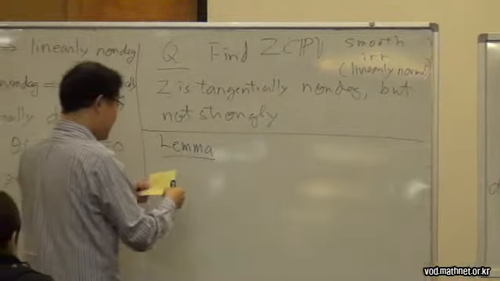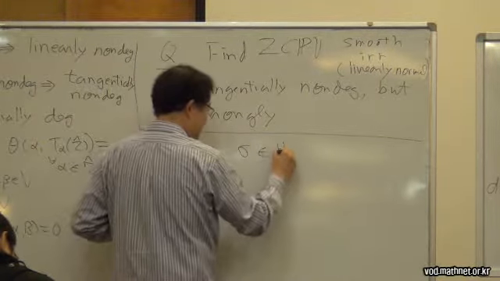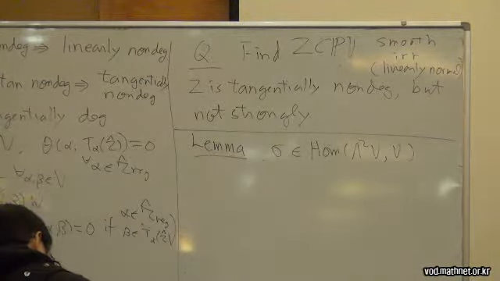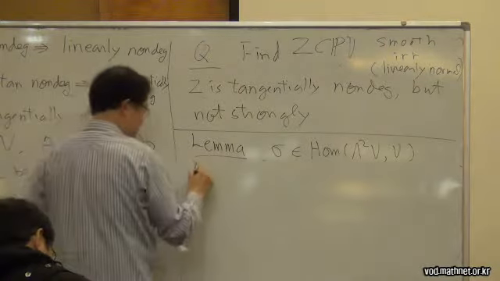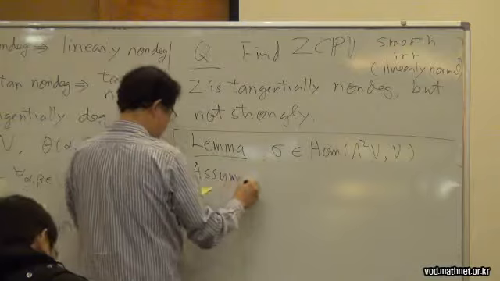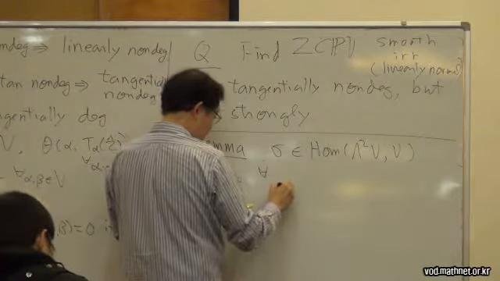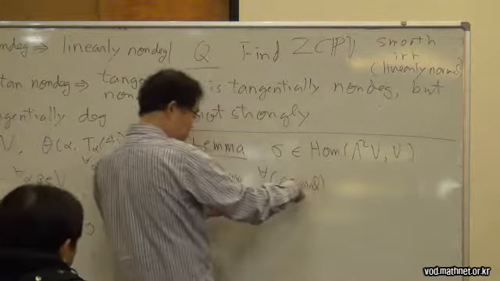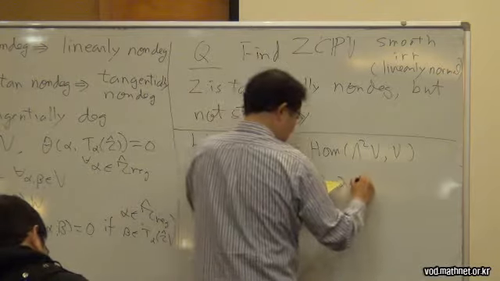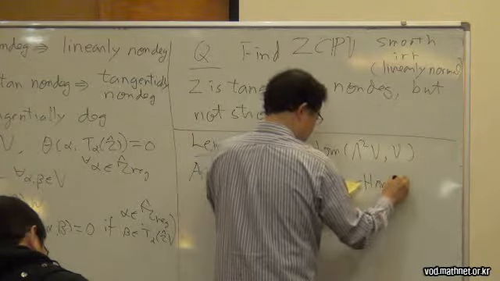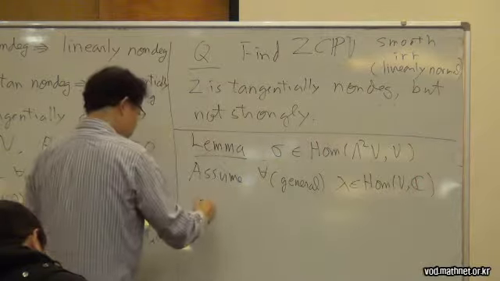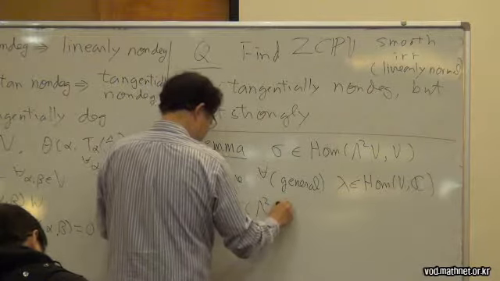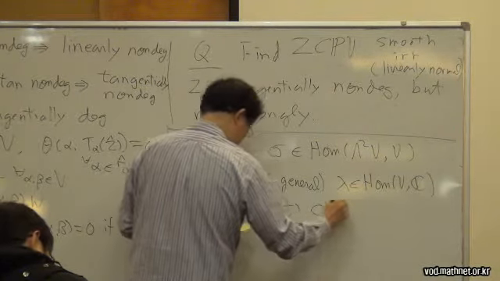Let sigma be an element here, and assume that for all lambda (it's enough to check this for general lambda, because if it holds for general, then it holds for every), sigma is in lambda perpendicular squared.